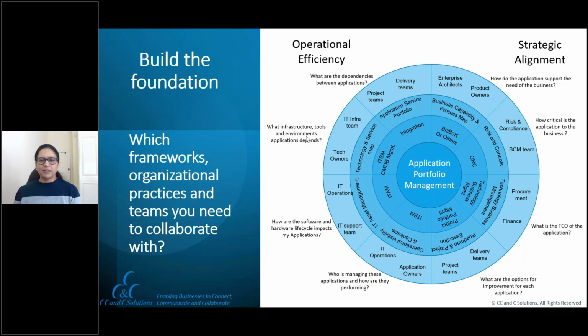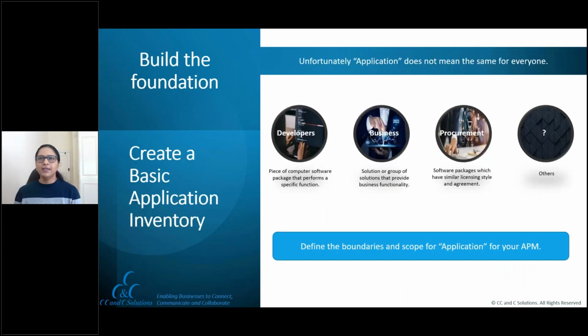Yes, very true, Venkat. And that takes me to the next slide, another important aspect that we need to tackle: the basic application inventory. When you look at the definition of application, everyone comes from a very different point of view. Application is probably the only word which is used so commonly, but no one understands what an application is, because everyone's coming from a different point of view.